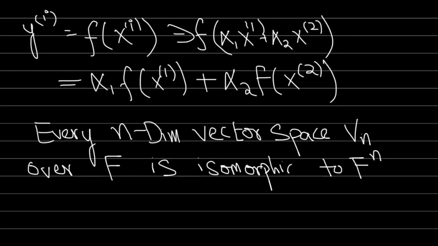And the immediate consequence of this is that any two vector spaces with the same dimensions and over the same field are isomorphic to Fn, and therefore isomorphic to each other.